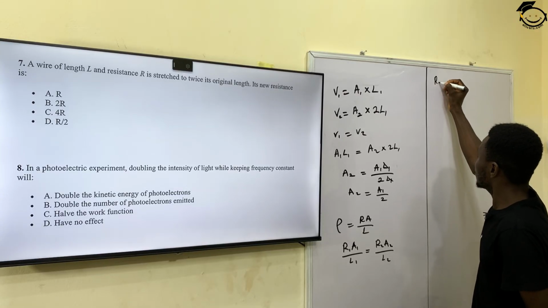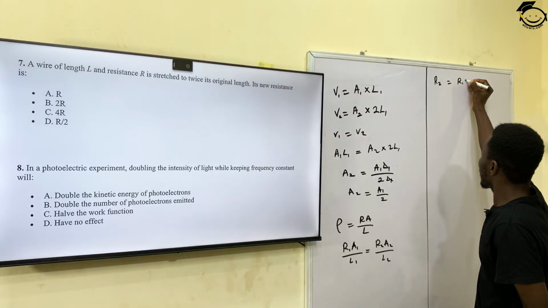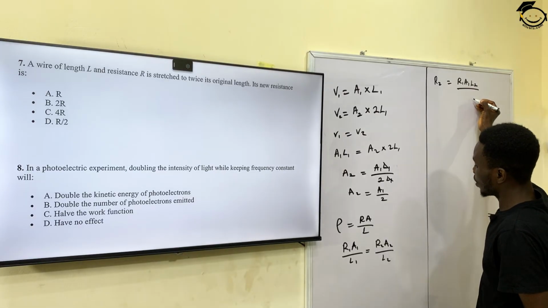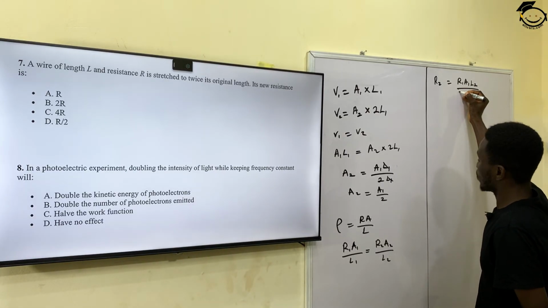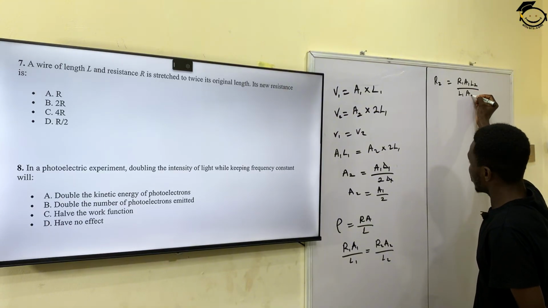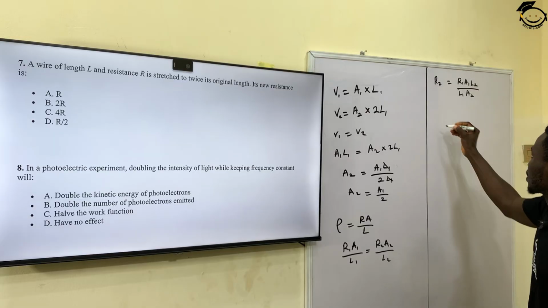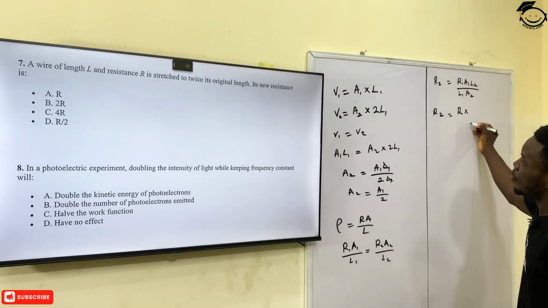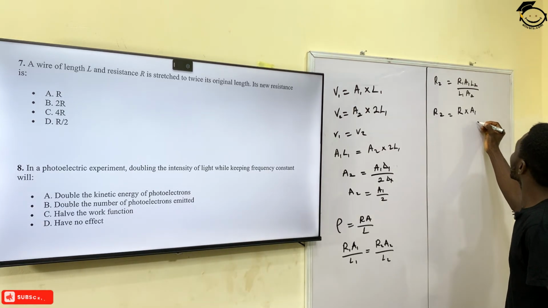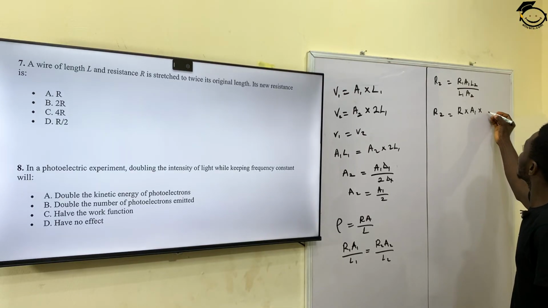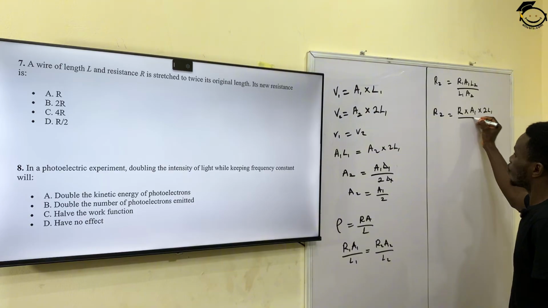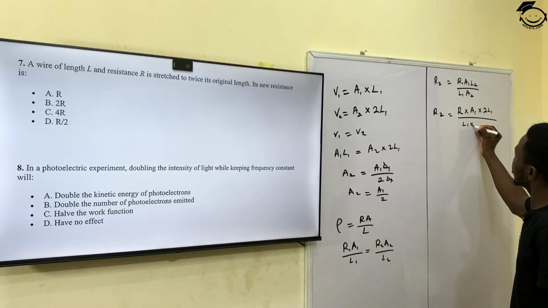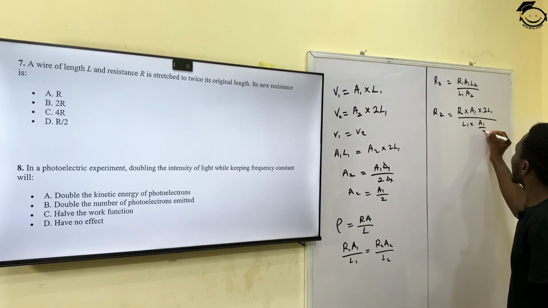I'll have my R2 will be equal to R1 A1 times L2 over L1 A2. So this means that my R2 is going to give me, my R1 is still R times my A1 is still A1 times my L2 is now 2L1 over my L1 is still L1 times my A2 is now A1 over 2.